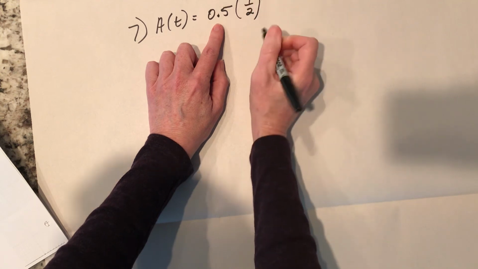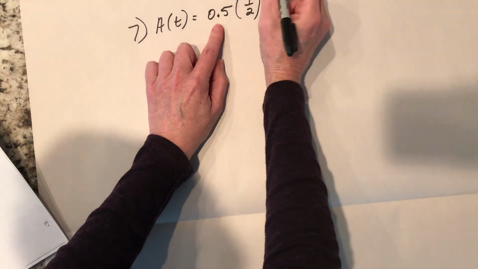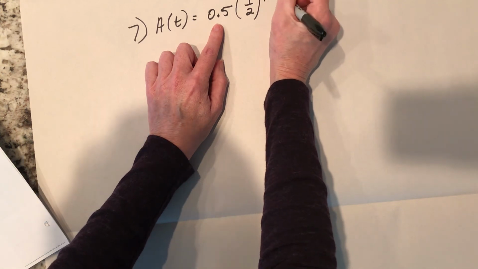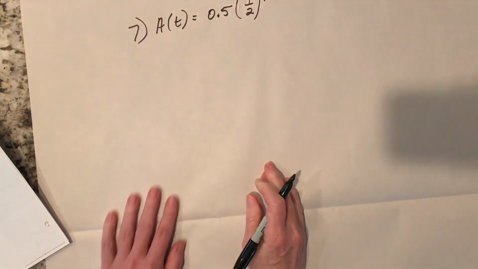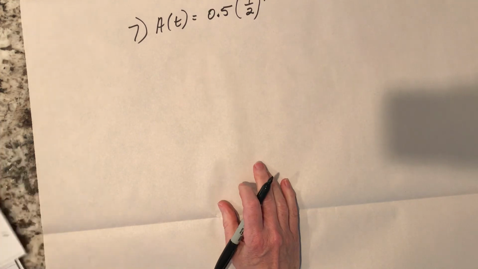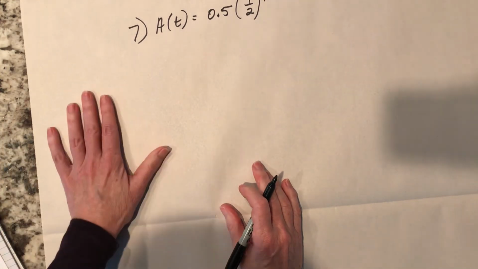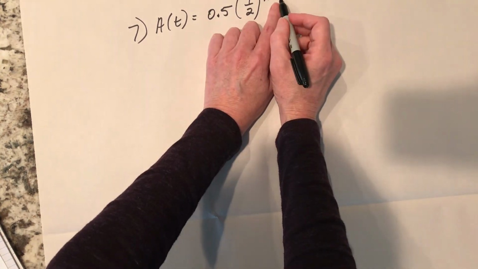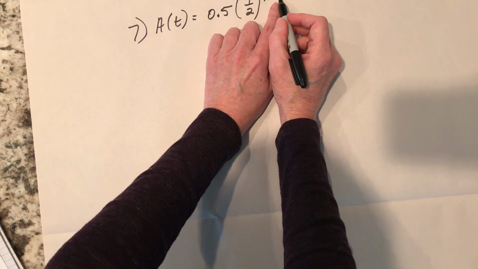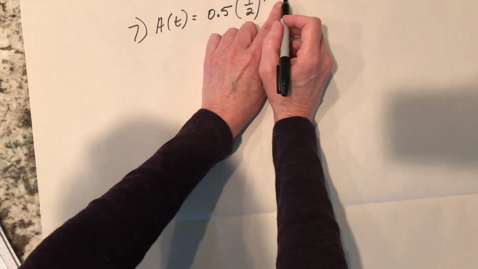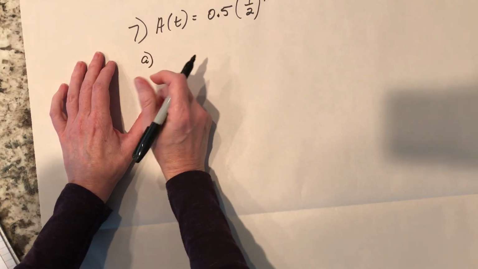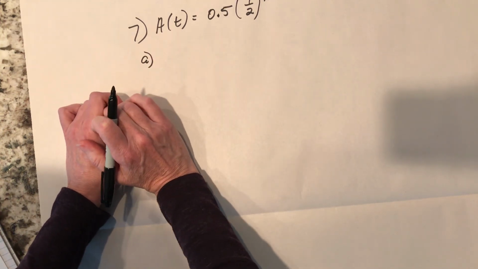We're looking for its half-life, and that's going to be found by taking that time and dividing it by 24,000 years. So this 24,000 years, that's the half-life that we get for plutonium-239.